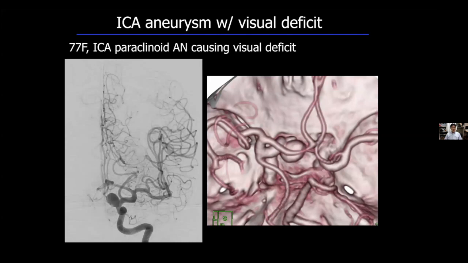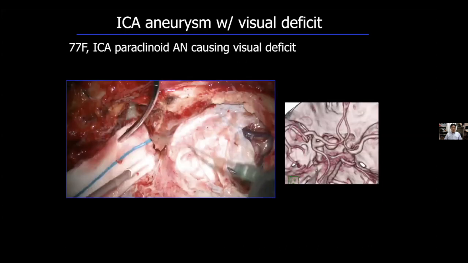And this patient was a 77-year-old lady complaining of a left side visual deficit caused by the ICA paraclinoid aneurysm here. So this is the left side approach.